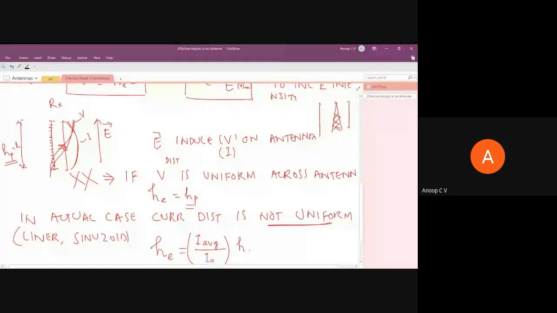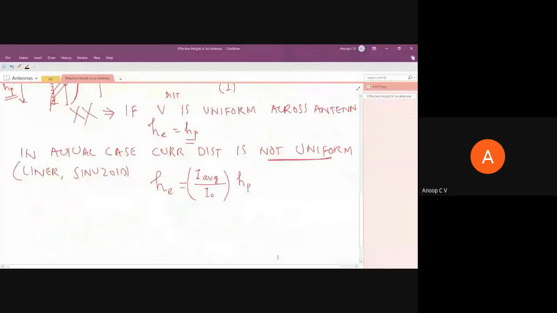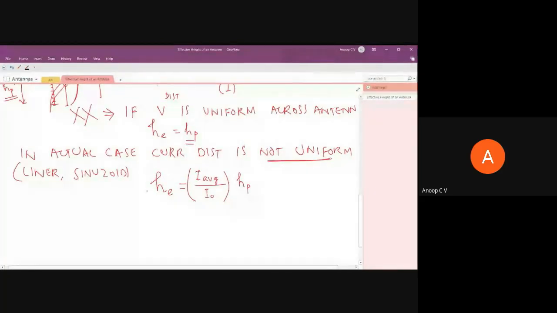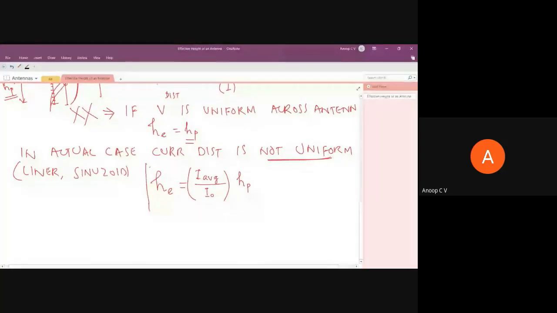I know you didn't understand anything of what I'm telling, but please try to note it down. So the effective height is related to the physical height as I average by I naught times HP.